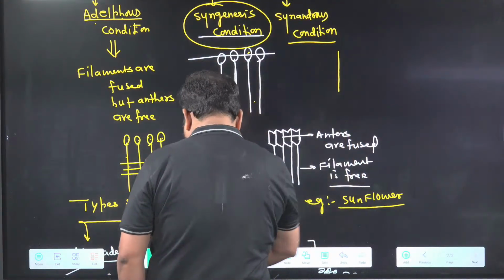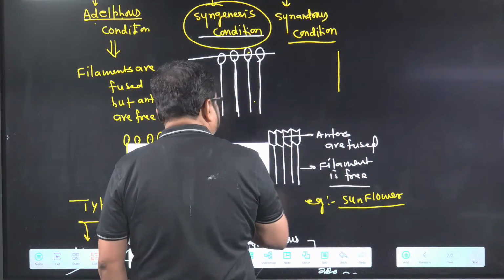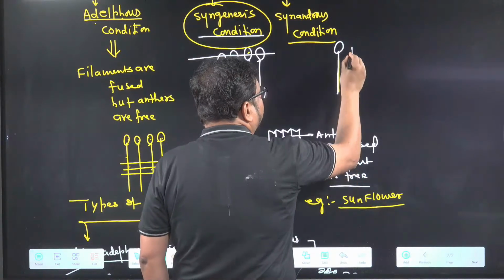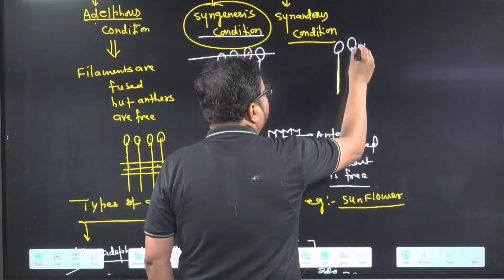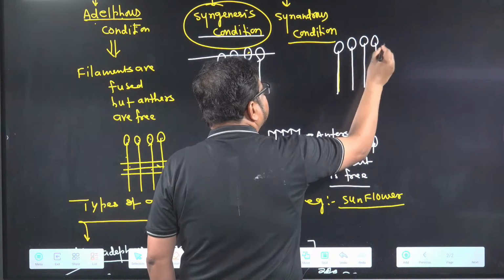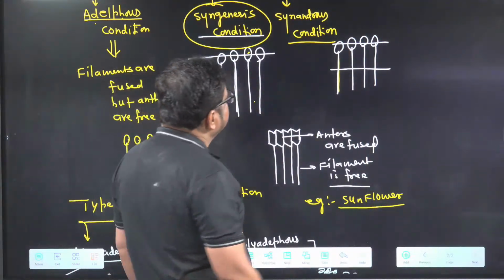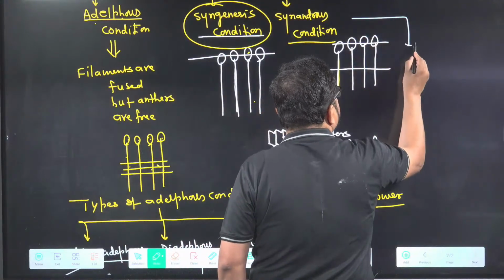I am going for an imaginary diagram and then you will understand it better. When filament or anther fuse in entire length, means this is also fused, this is also fused. So what you can say about it? In synandrous condition, what's happened?